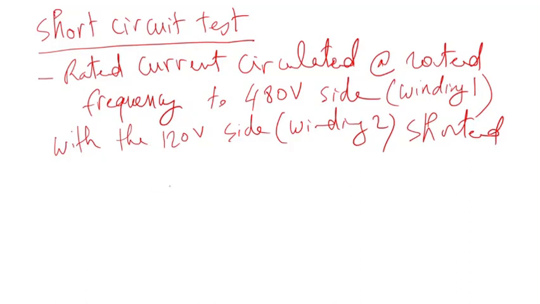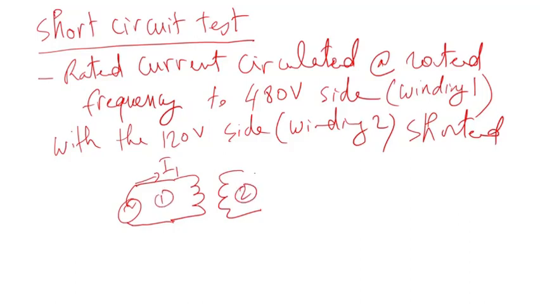So basically you have winding 1, winding 2, winding 1. You circulated rated current, if we call that I1, since this is winding 1 and this is winding 2. And winding 2, basically you shorted, it was shorted for this test.